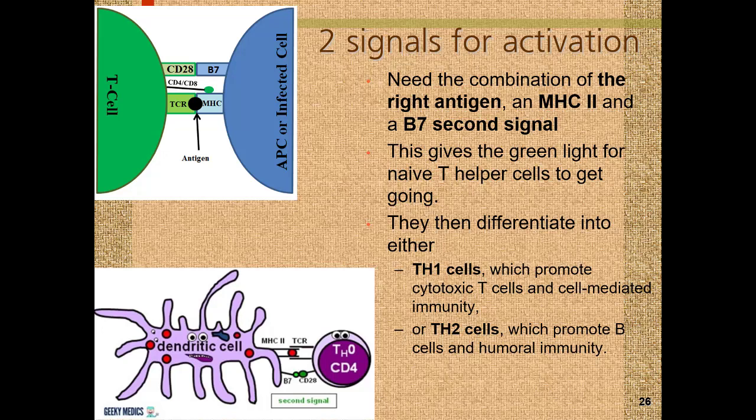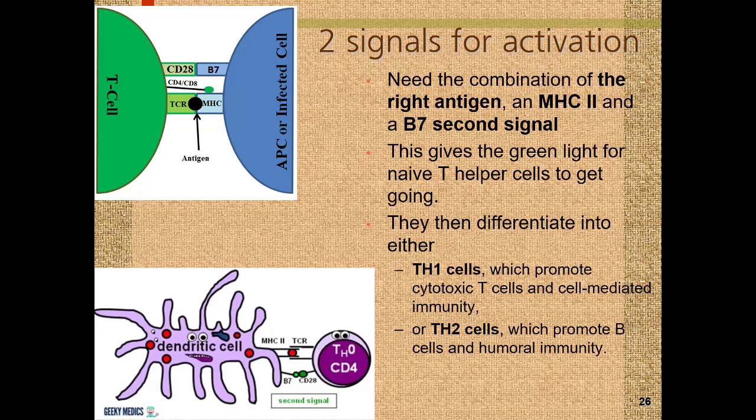Remember that the purpose of this dual recognition system is to control the activation of your immune system and your T cells. In other words, there has to be a really good reason for the activation of your T cells. This is not something to be taken lightly, because remember, your immune system can be a big problem for you.